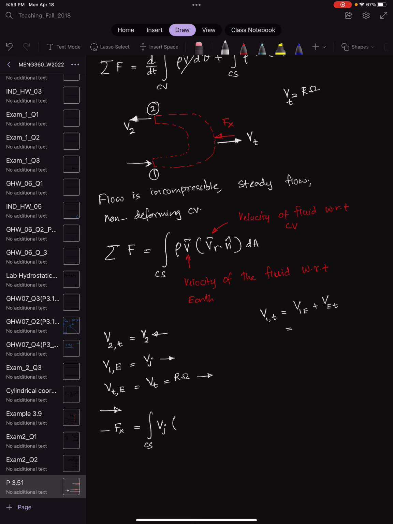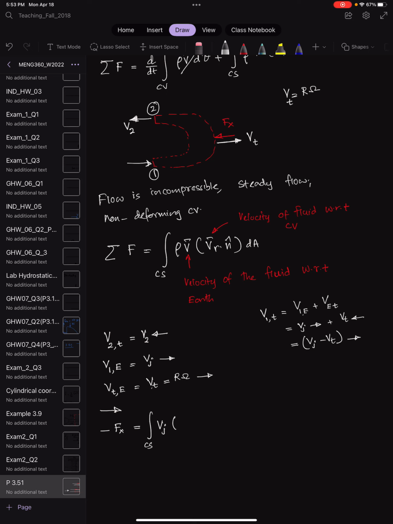The velocity at 1 with respect to Earth is Vj in that direction, and the velocity of Earth with respect to the turbine is the negative of the velocity of the turbine with respect to Earth, so plus Vt in this direction. So the relative velocity from left to right is Vj minus Vt, because we apply that equation to that side.